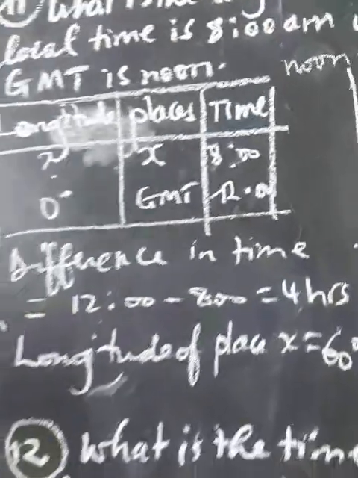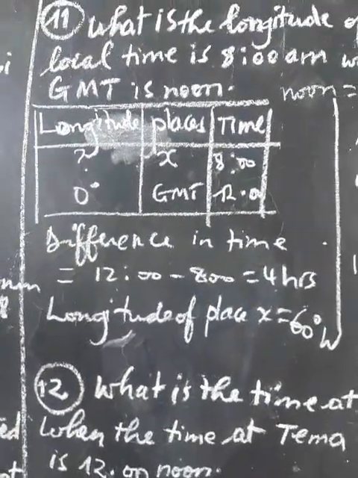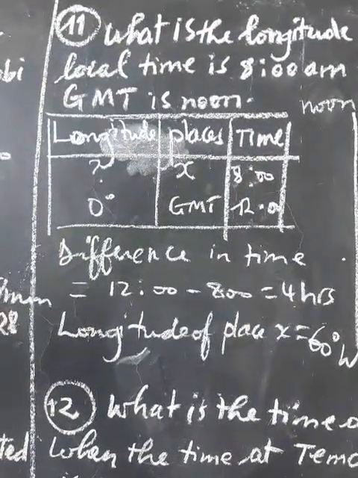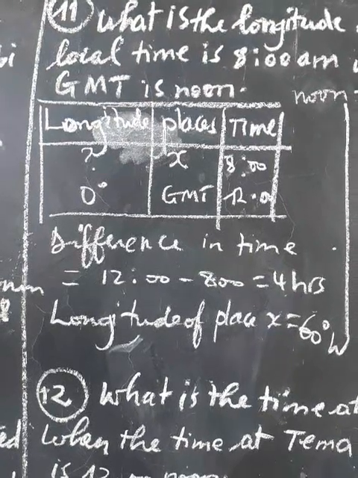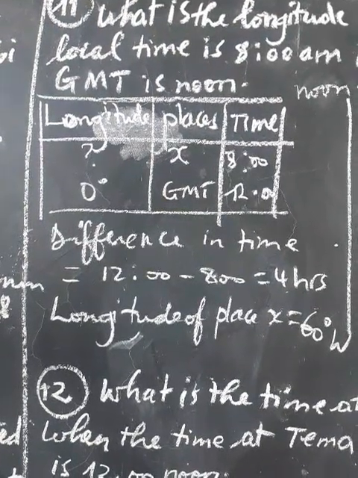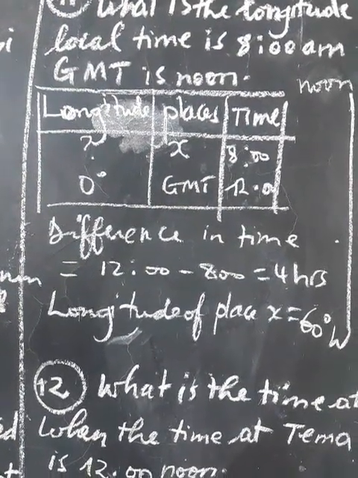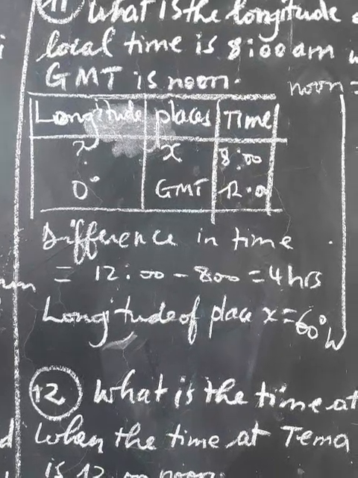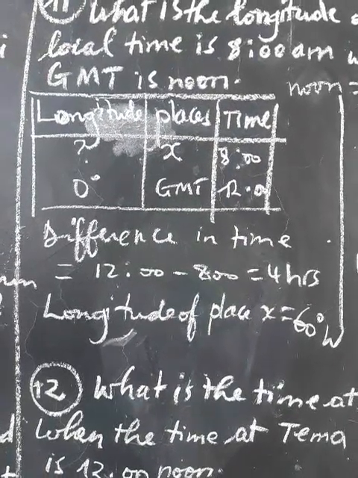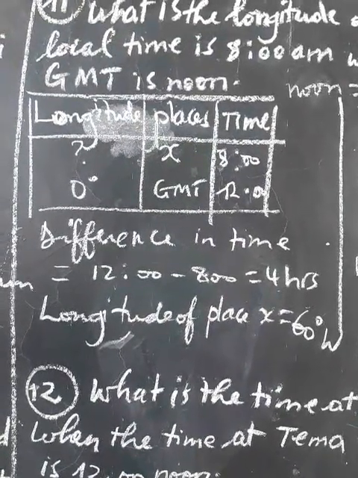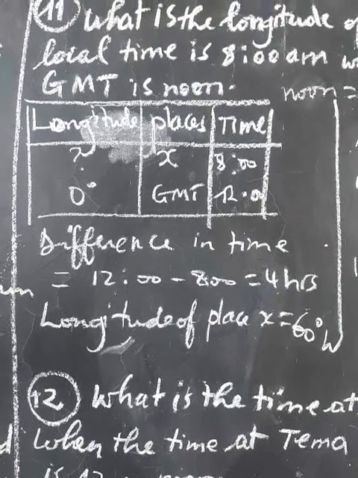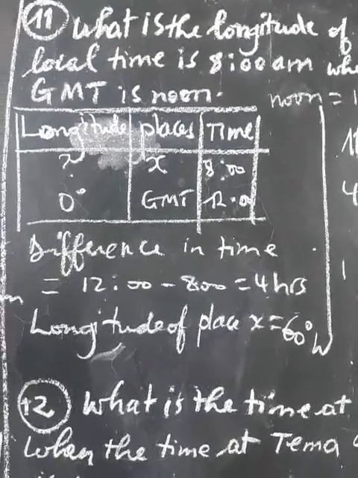And here we first draw a table. Here we have longitude, places, and time. They give us place X, which has the time of 8:00 a.m., and we have GMT located at a longitude of 0 degree, and it was 12:00 a.m.